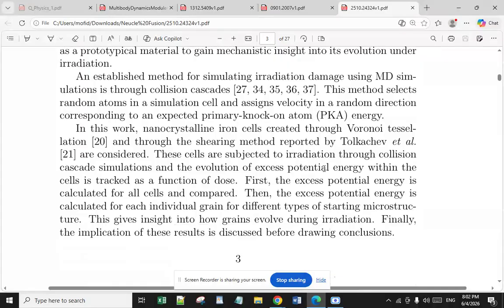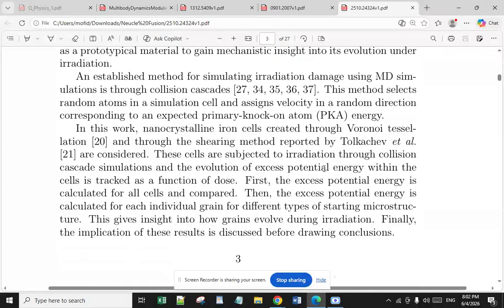In this work, nanocrystalline iron cells created through Voronoi tessellation and through the shearing method reported by Tolkachev and his colleagues are considered. These cells are subjected to radiation through collision cascade simulations, and the evolution of excess potential energy is extracted as a function of dose.